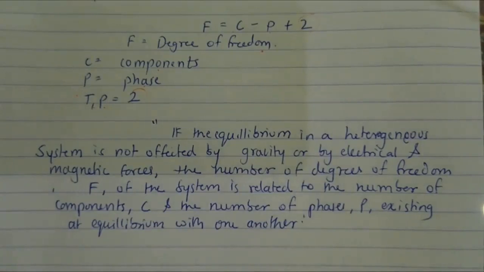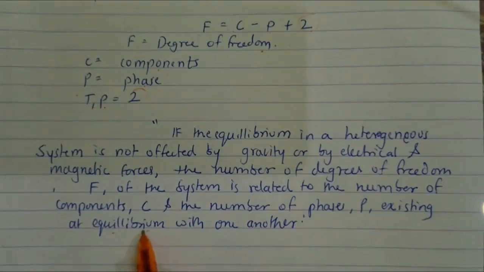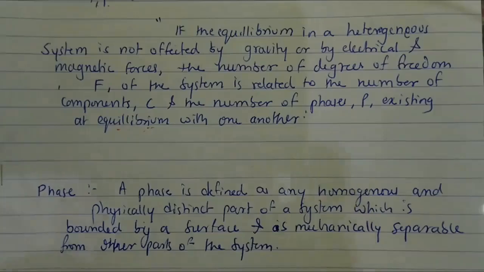If the equilibrium in a heterogeneous system is not affected by gravity or by electrical and magnetic forces, the number of degrees of freedom F of the system is related to the number of components, that is C, and the number of phases, that is P, existing at equilibrium with one another. So this is very important: there should be equilibrium between them. Is that clear? Alright.